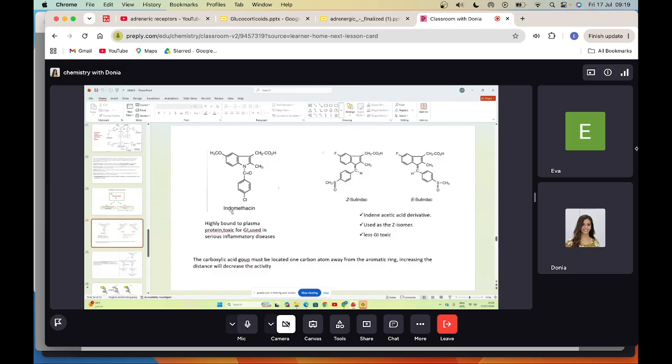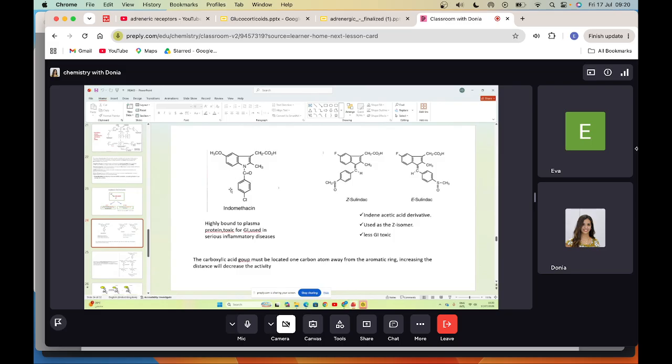That's why it's called indomethacin, because the benzene ring is attached to this five-membered ring having the nitrogen, which is called indole. So this part they would call indole acetic acid. Then we have here CH3. And from this nitrogen, we have a carbonyl group attached to a benzene ring, and in the para position we have a chloro group.